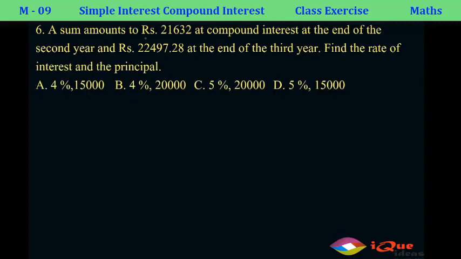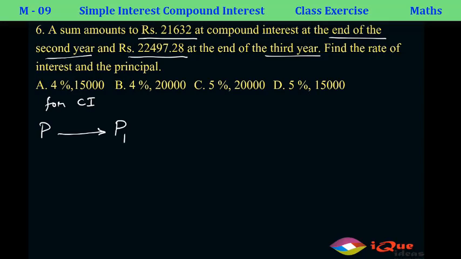Now this question says a sum amounts to rupees 21632 at compound interest at the end of second year and rupees 22497.28 at the end of third year. Now if you remember, in case of compound interest, the amounts also increase at the rate of R%. Whatever is R is the rate in that case, right? So all the amounts increase every year by R%, right?